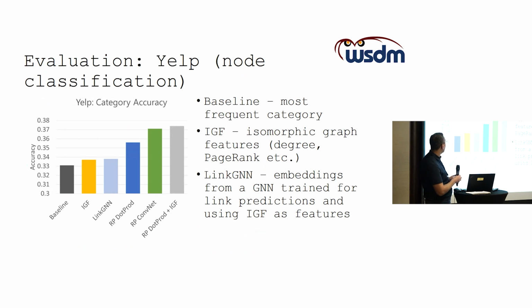As you can see on the Yelp data set, our approaches outperform these two, and the convolutional network significantly outperforms the RP.product. However, the RP.product ensembled with the isomorphic features performs the best among all the things that we have tried.